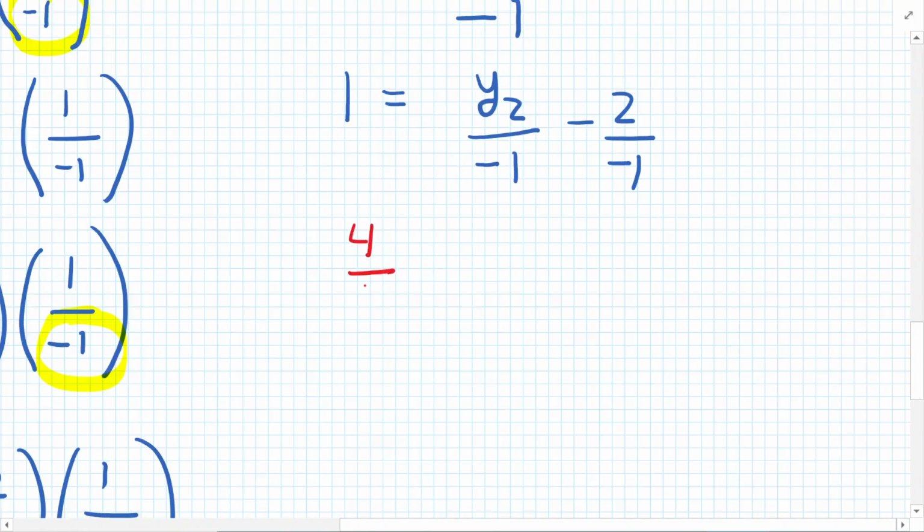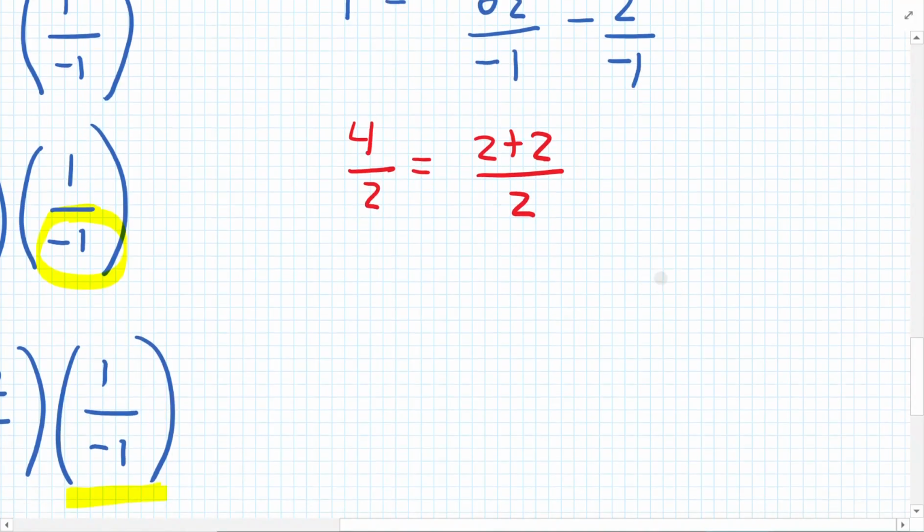4 divided by 2 equals 2 plus 2 over 2. Or how about this? Is this not true? 6 over 2 equals 8 minus 2 over 2.